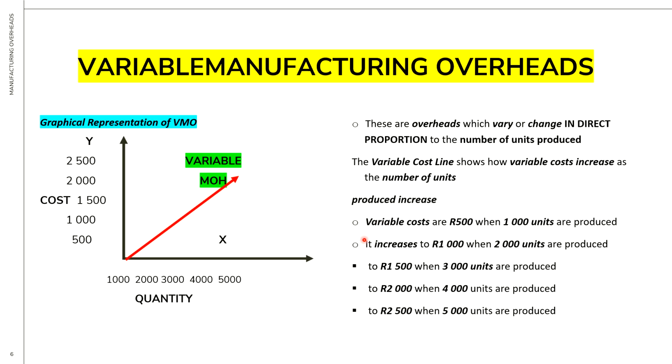Let's say, for instance, a variable cost of 500 rands, when you look at the graph, we incur these costs when we produce 1,000 units, and then we incur 1,000 rand variable cost when we produce 2,000.